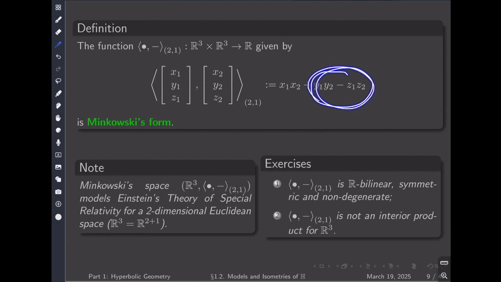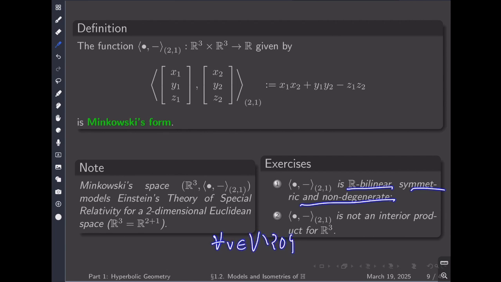So this is the definition of the inner product: bilinear, symmetric, non-degenerate, and with the property that for every non-zero vector, the pairing with itself is positive, so that its square root will give you its length.